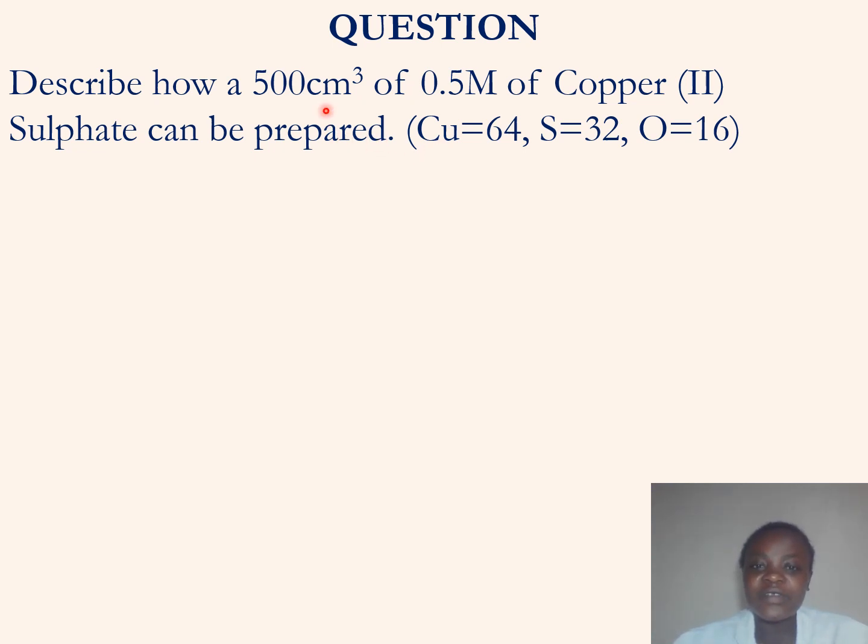We are given the volume, the molarity, and we can also get the mass using the molar mass, where we have been given the masses for copper, sulfur, and oxygen. So make sure you can describe how you can prepare that molar solution.